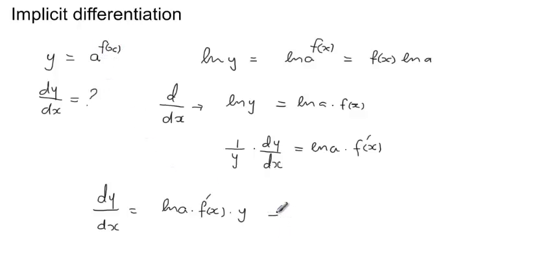So at the end of the day, the derivative of that y is y, substituting this y, which is a to the power f of x, multiplied by f prime of x multiplied by ln of the base. That's what we discussed. We got that. There's no problem with that.